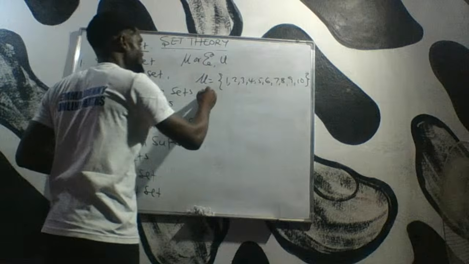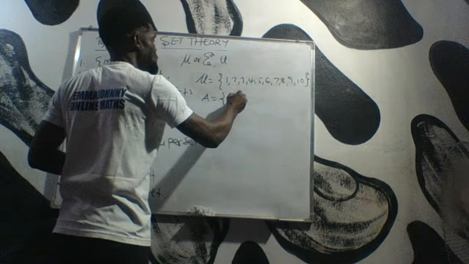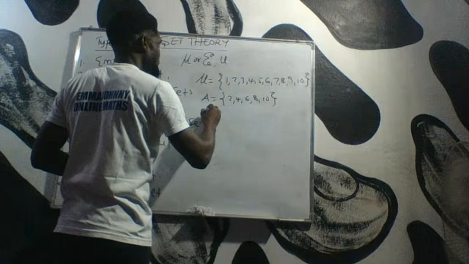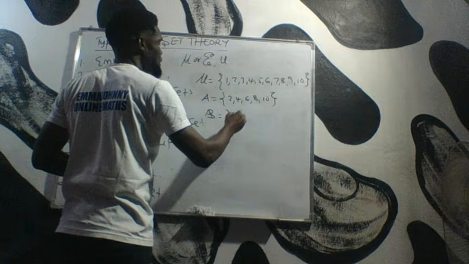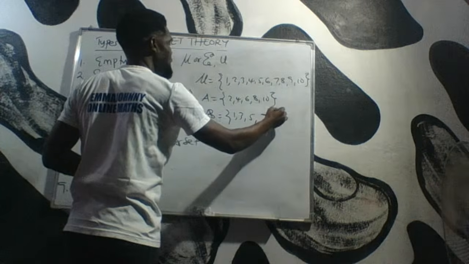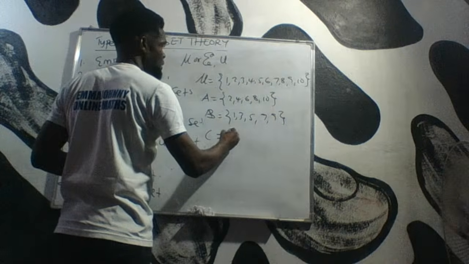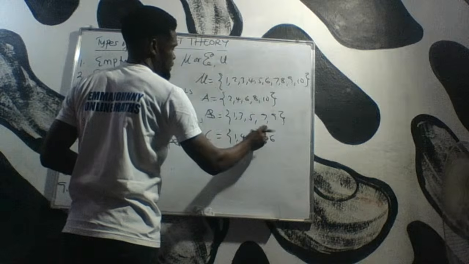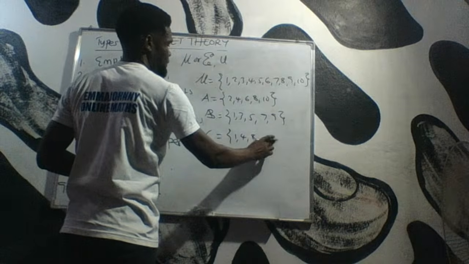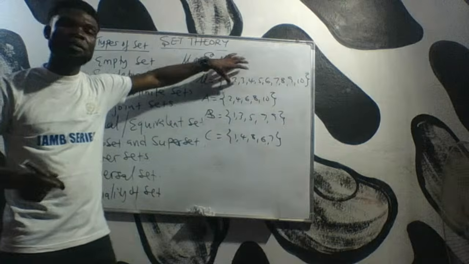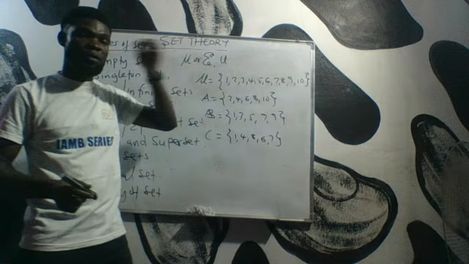I can have a set A to be 2, 4, 6, 8, 10. I can have another set B from this same universal set to be 1, 3, 5, 7, 9. I can have set C to be 1, 4, 8, 7, 6. I can generate as many subsets as possible from this set.